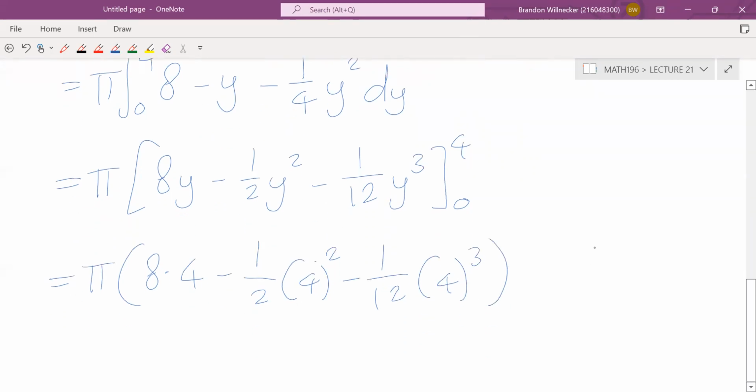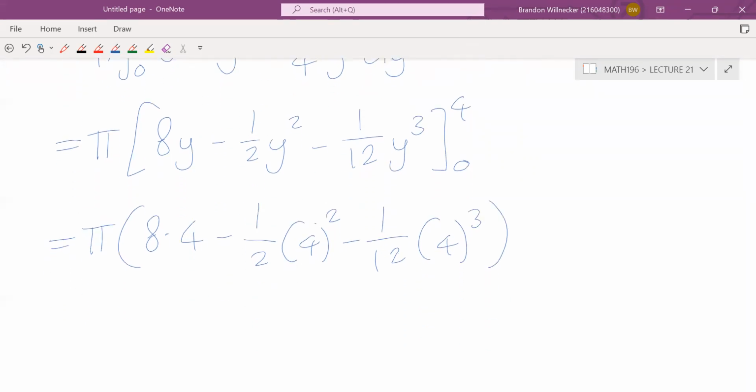Okay, so we've got all of that now. If we substitute the lower bound, everything's going to be 0, so we don't have to worry about that. So this is going to be equal to pi, 8 times 4, it's going to be 32, minus 4 squared, that's 16 over 2, minus, and then we have 4 cubed over 12.